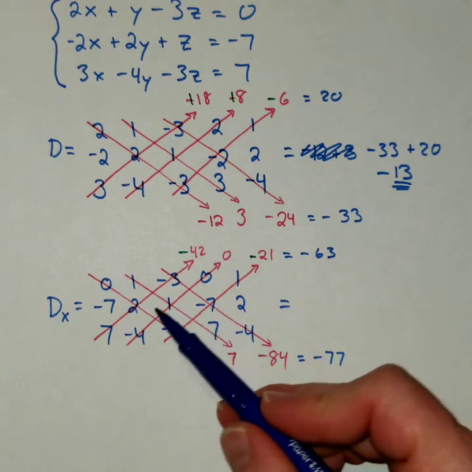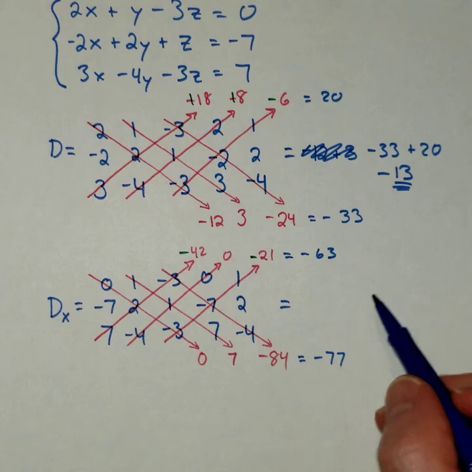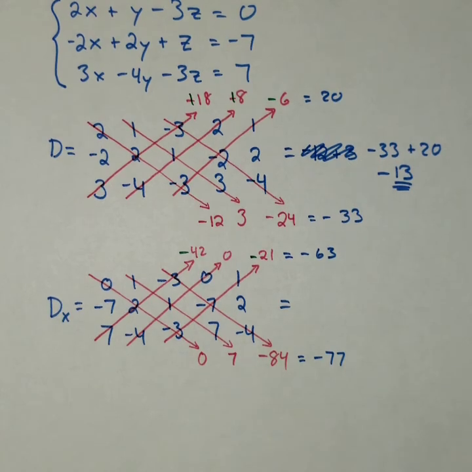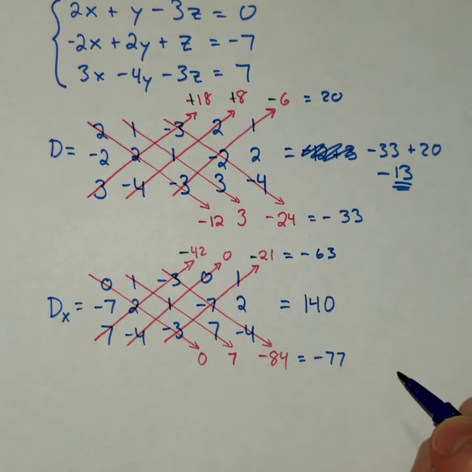Just double checking all my arithmetic because something's not turning out the way I expected it to. Well, negative 77 and 63 makes 140. That is definitely not what I was expecting to see. I'm going to stop this one for a second.